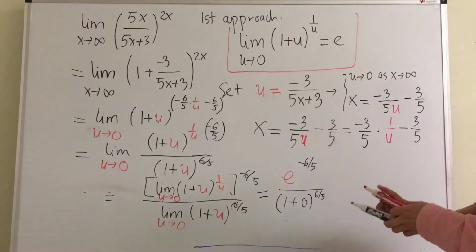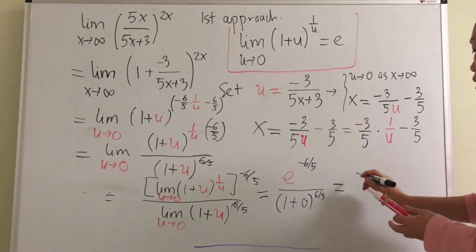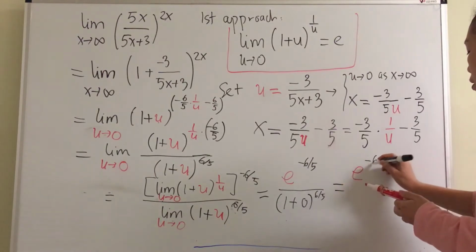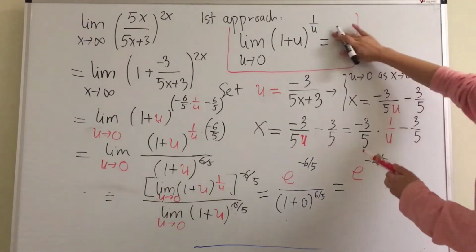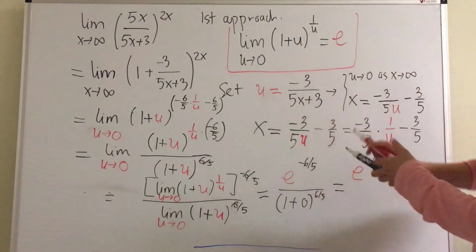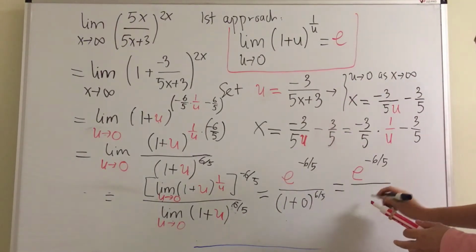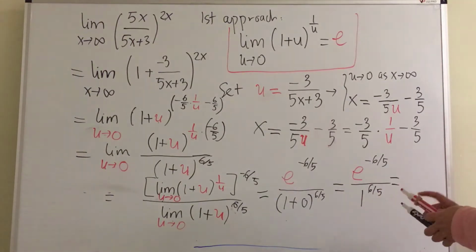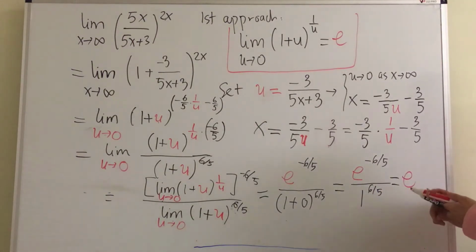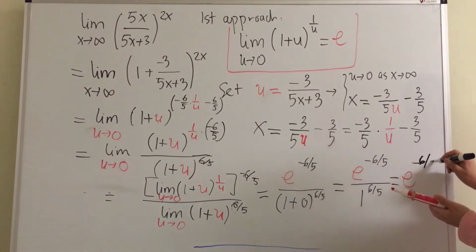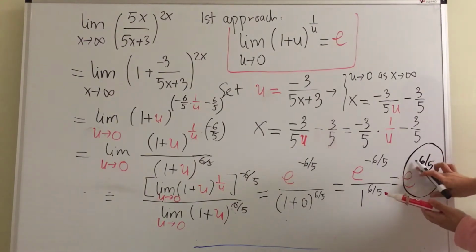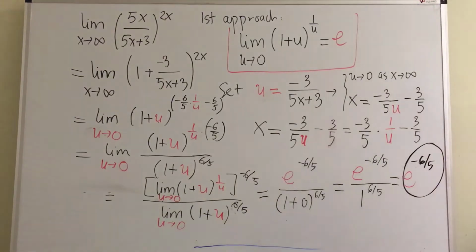So what is this answer? This is equal to e to the negative 6/5. Here I'm going to use the color e so that you know where I get e from. And this is 1 to the 6/5, which is just 1. So the final answer here is e to the negative 6/5. You see that? This is the answer.